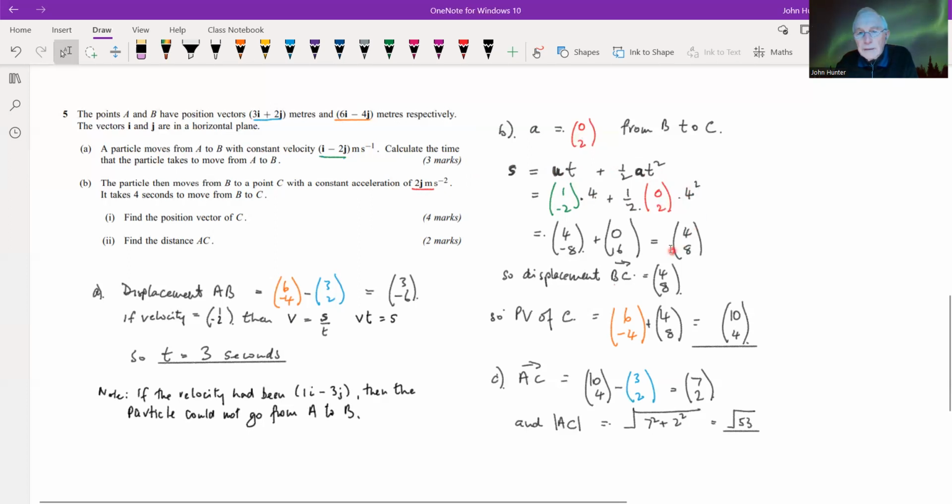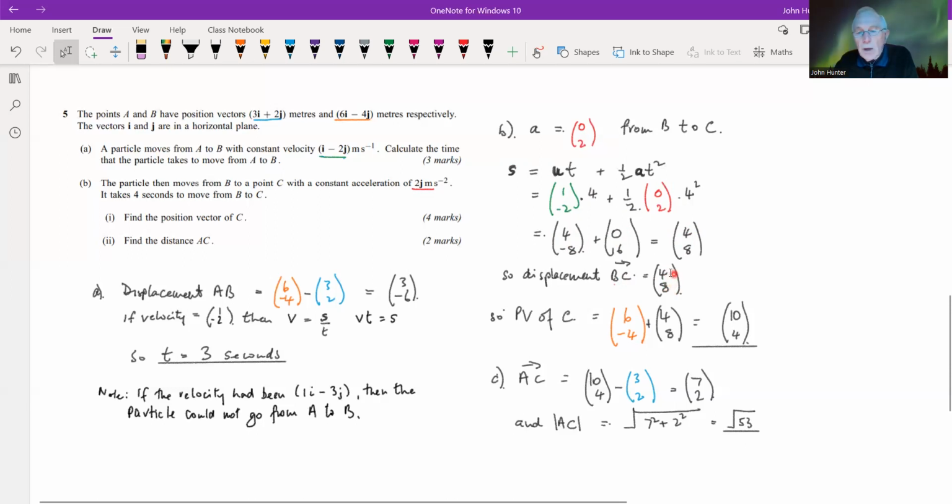And that's basically going to give us this. So this bit is that, that bit is that, and that gives us 4, 8. So the displacement from B to C is 4, 8: 4 along and 8 up.